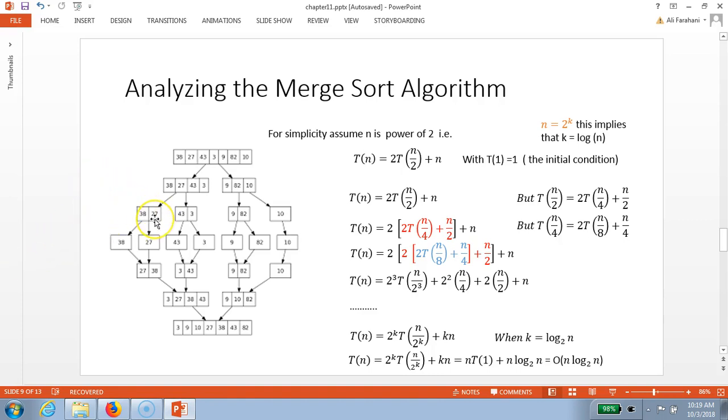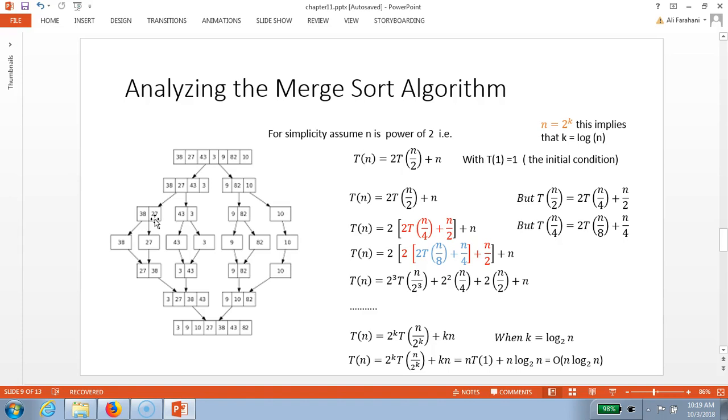It's a recursive algorithm. You start with a list of size n, and you split that list into two sublists of size n over 2. You divide it in half and then apply merge sort recursively to those sublists.